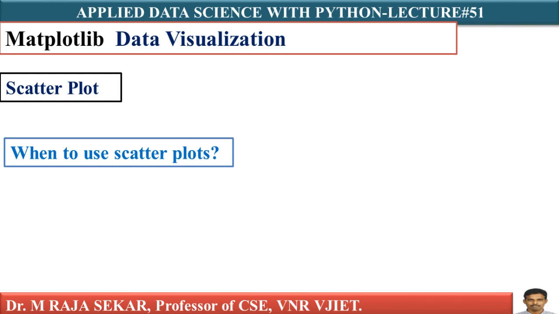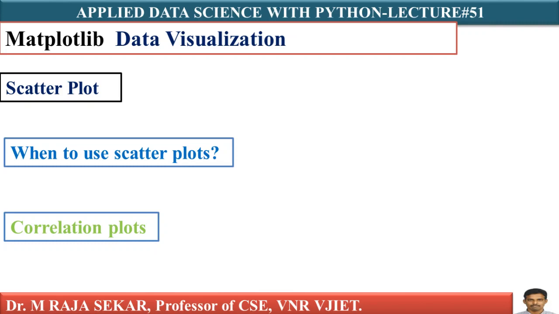Scatter plots sometimes are also called correlation plots because they show how two variables are correlated, whether they are negatively correlated or positively correlated. All this information we can get by looking at a scatter plot.